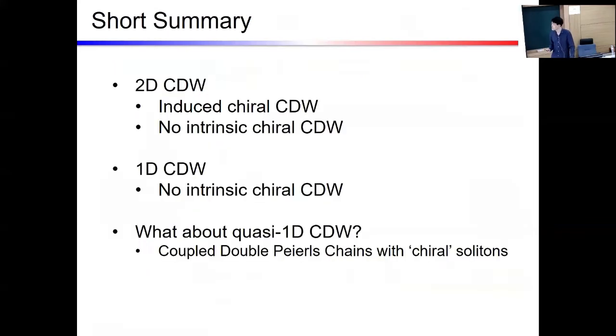Okay, so let me summarize very shortly. In 2D CDW, they showed induced chiral CDW order, but not yet the intrinsic chiral CDW. In one dimension, they don't have any induced or intrinsic chiral structures.